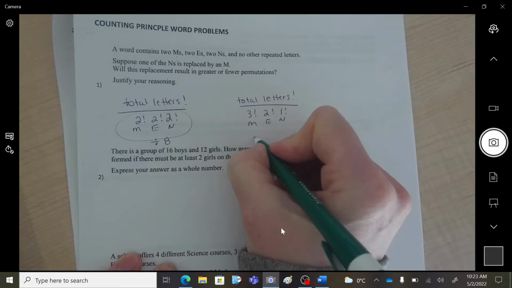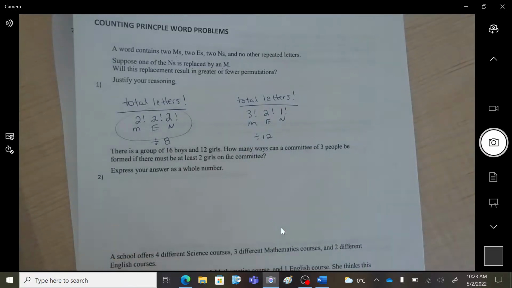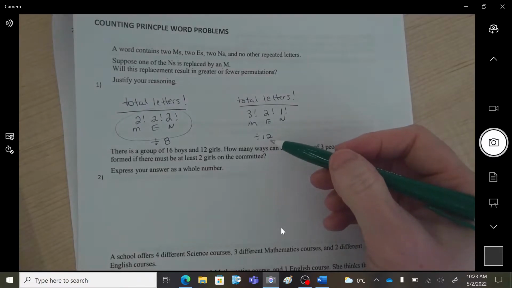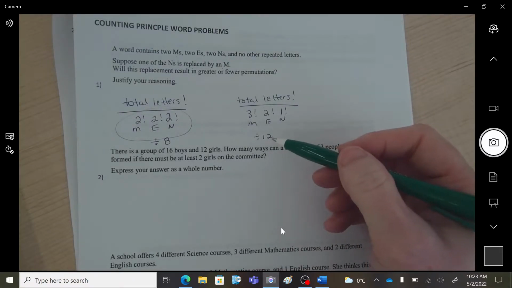In this scenario, we would be dividing by 12. So once you divide by 12, that number is going to be smaller.